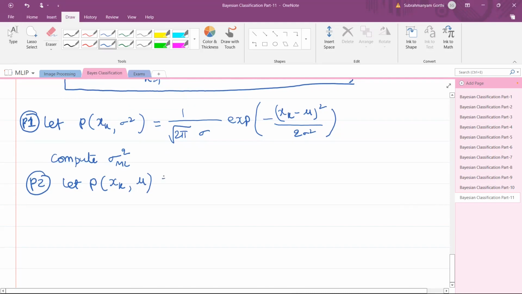The same Gaussian distribution I would take here, (x_k minus mu) whole square by 2 sigma square. Now you assume that you know sigma. The parameter you need to compute using maximum likelihood is mu. So you compute mu ML.